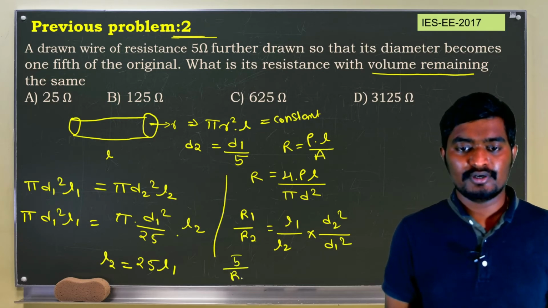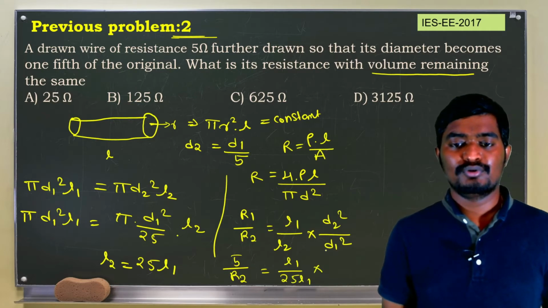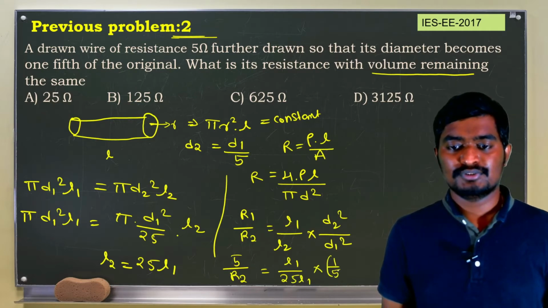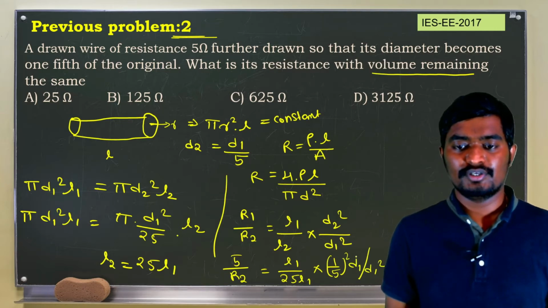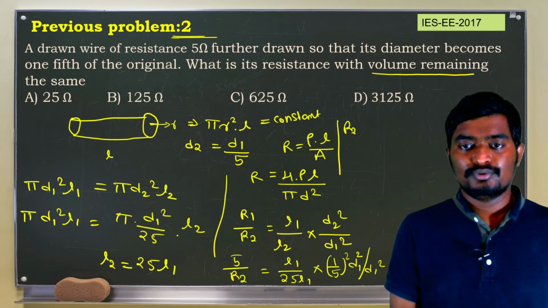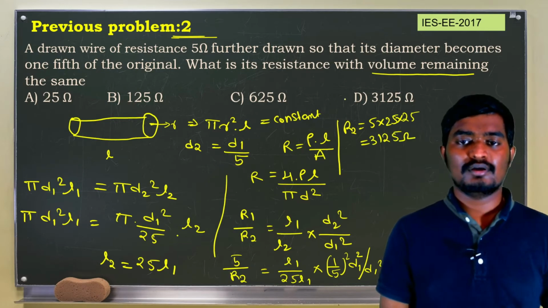R1 by R2 equal to L1 by 25 L1, D2 equal to 1 by 5 times, whole square, into D1 divided by D1 square. Then we will get R2 equal to 5 into 25 into 25. This gives 3125 ohms. The correct option is D.